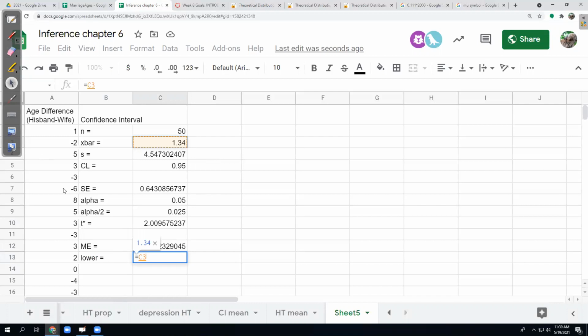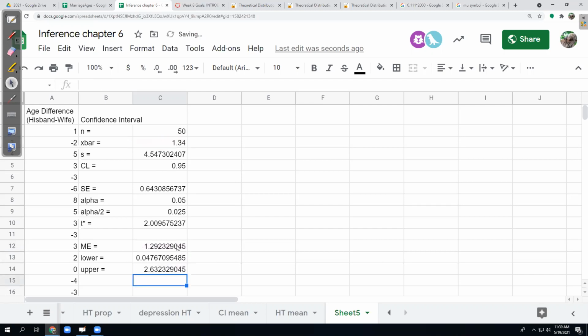So on average, in this sample, the husband was about 1.34 years older than the wife. We have a margin of error on that, minus 1.29 years, and plus that same thing from the mean. I'm just reminding you where it comes from.